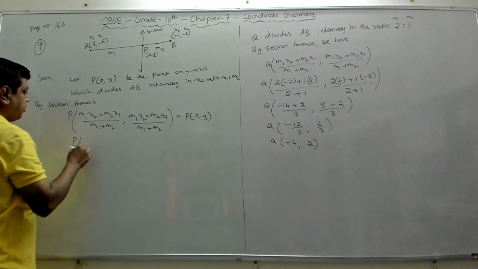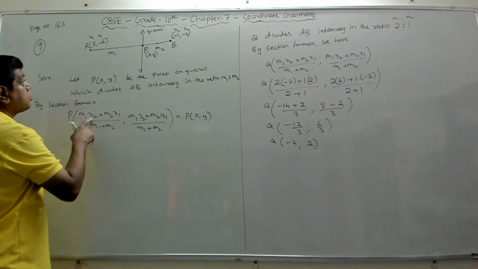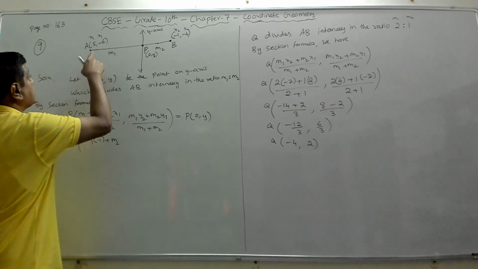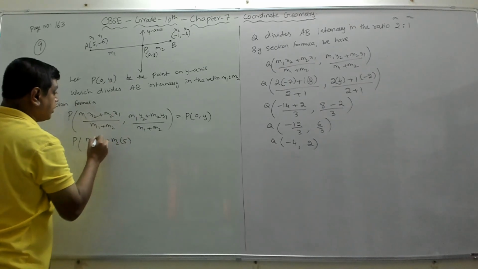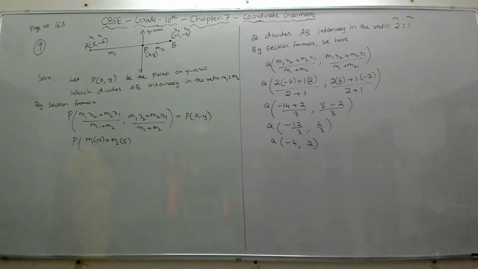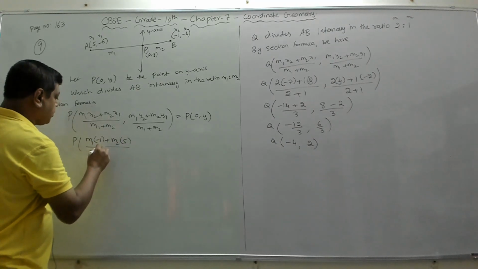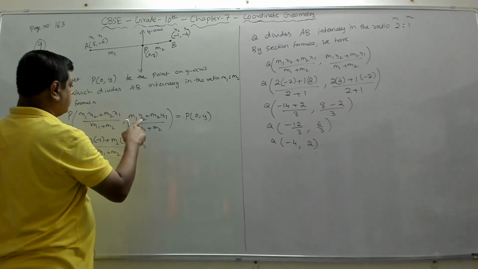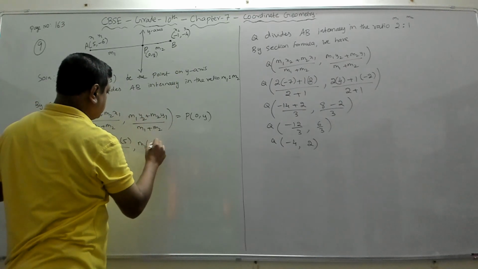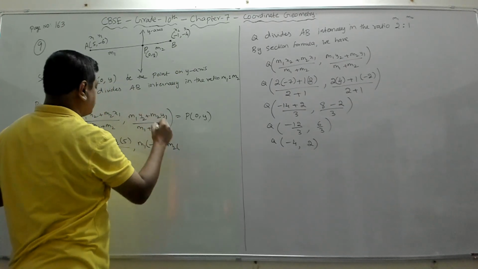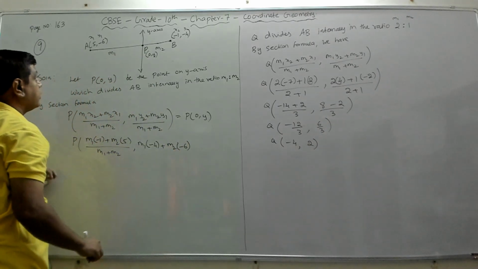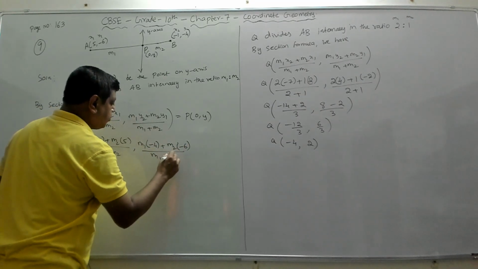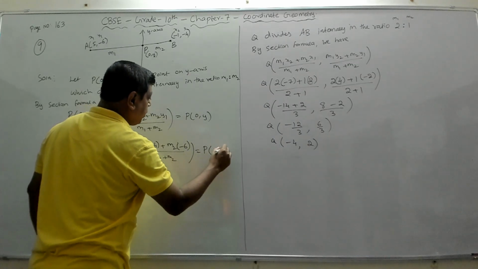So P of M1, which we don't know, that's what we are finding, times x2 which is minus 1, plus M2, which we don't know, times x1 which is 5, by M1 plus M2, comma M1 times y2 which is minus 4, plus M2 times y1 which is minus 6, by M1 plus M2. And this is equal to P of 0 comma y.